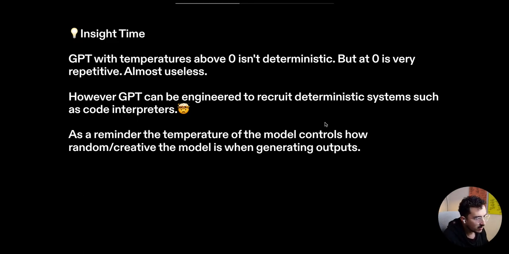So the interesting thing here is that you can engineer GPT to recruit deterministic systems. And in this particular permutation of what I have, it has access to a code interpreter, right? So it's just mind blowing. Now what it can do is say, look, I know that I'm not good at math, let me find someone who's good at math and ask, through my own abstractions of knowledge, how to do this.